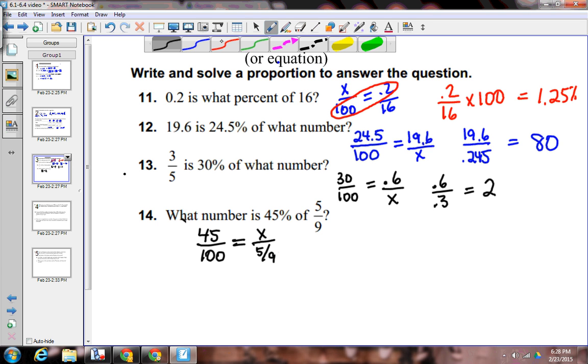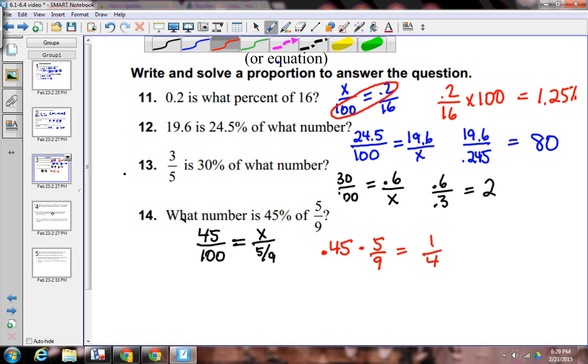Or we can use our equation. Let me try that again. Let's take our percent and write it as a decimal and multiply by our whole, and we end up with our part, which would be 1/4.